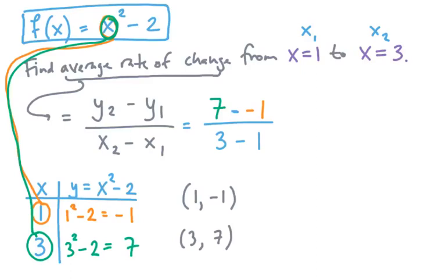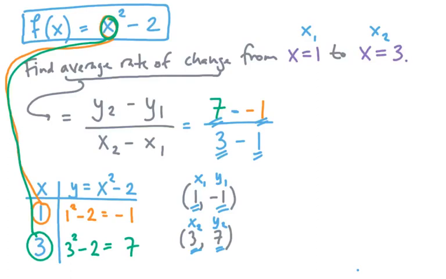And I took the first point to be x1, y1. So you can see me using x1 as 1 and y1 as -1. And then I let the second point be my x2 and my y2, my second x and my second y. So I used 3 and 7, where the formula called for x2 and y2.